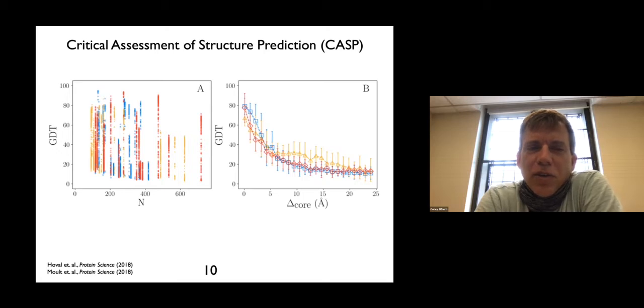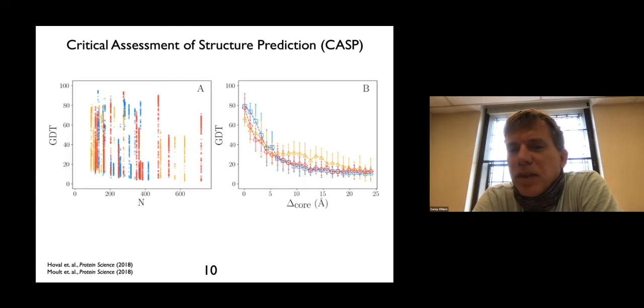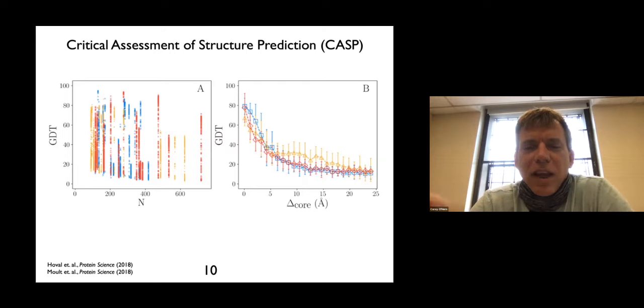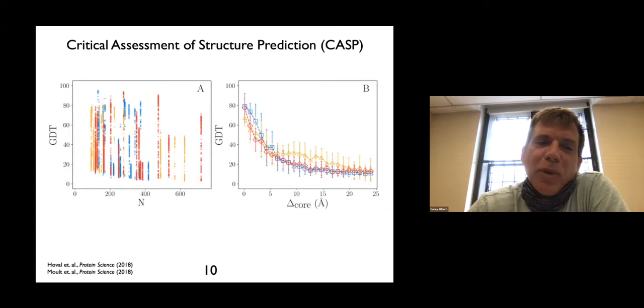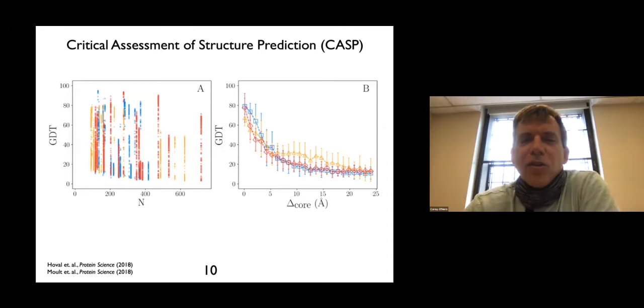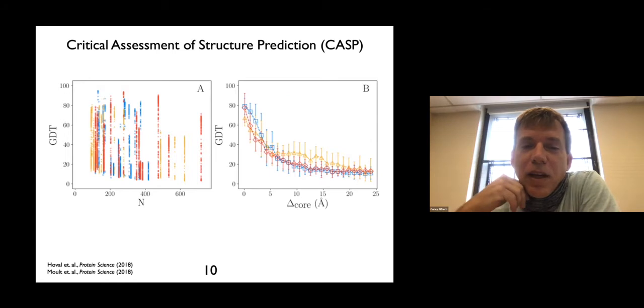Those are models submitted by multiple groups, and each group can actually submit multiple guesses. So say on target number 1, which is 100 amino acids, I'm a group, I can submit like 5 models, and then a bunch of other groups can participate and they each can submit 5 models. And here I'm just showing the scores of all of those models that are submitted.